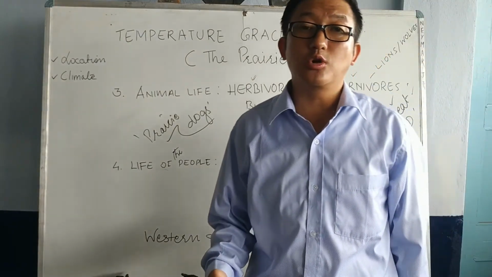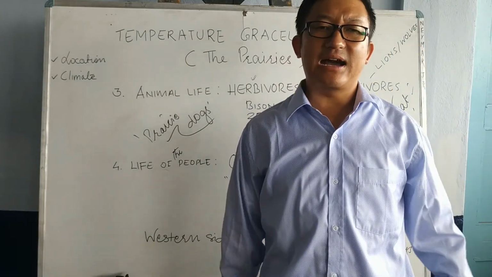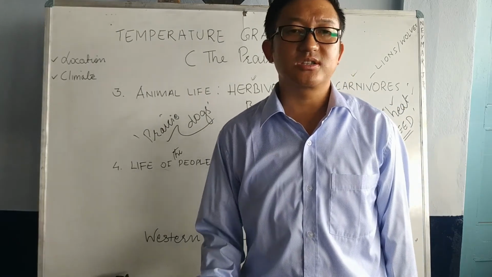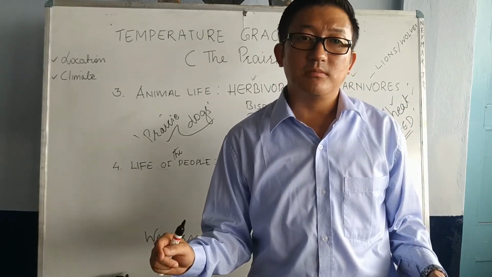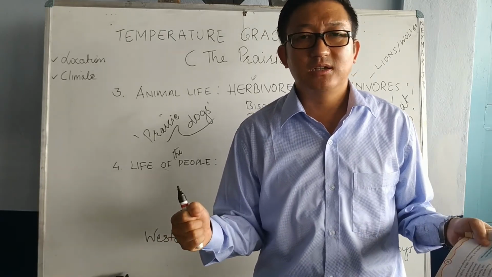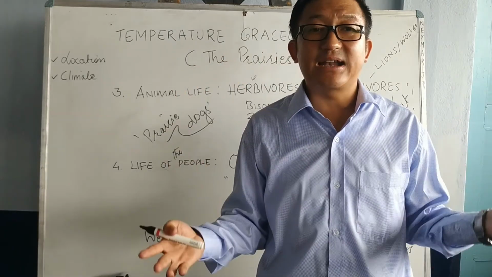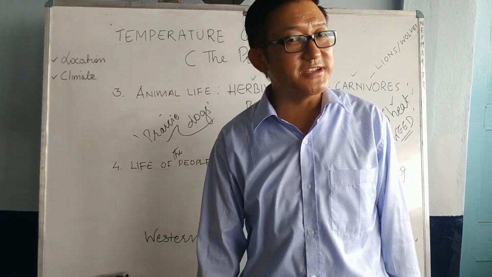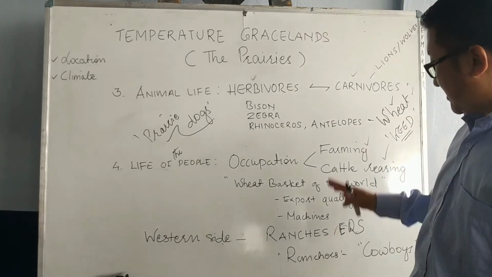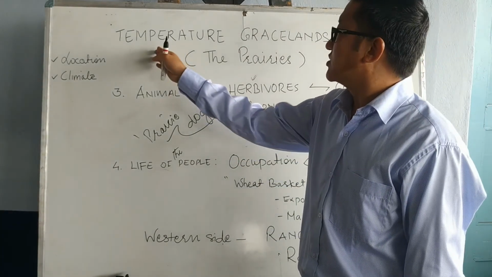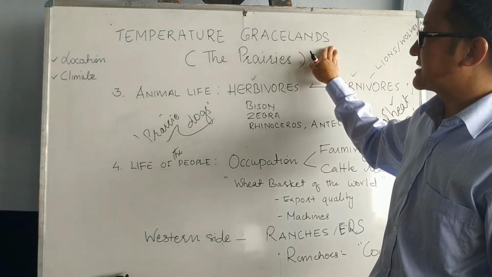Those who own this land are called ranchers. These ranchers hire very strong men to protect it. They are called cowboys, and I told you the story of cowboys. So this is the chapter called the temperate grasslands.